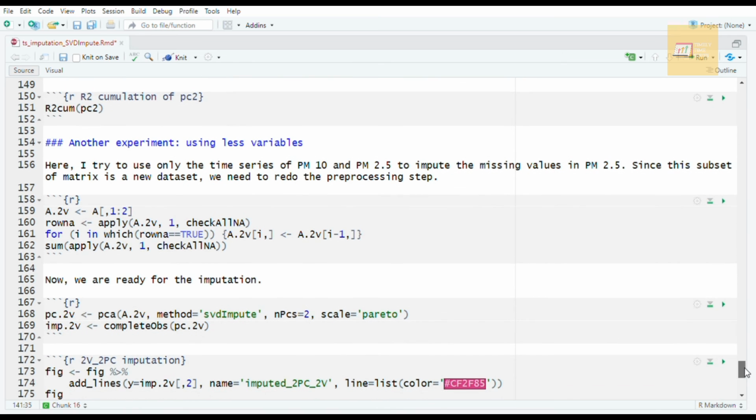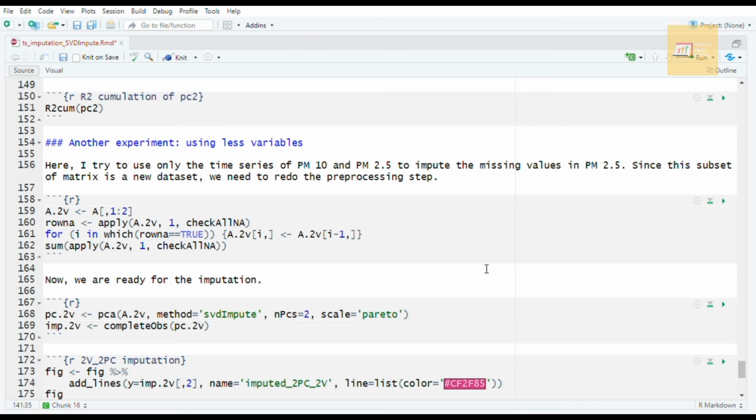Okay, and then I tried a little experiment here, even though, as we will see in a minute, it's not going so well. So I tried using fewer variables. I tried using only PM 2.5 and PM 10 because these two are the most highly correlated. I mean, we want to impute the PM 2.5 time series, right?